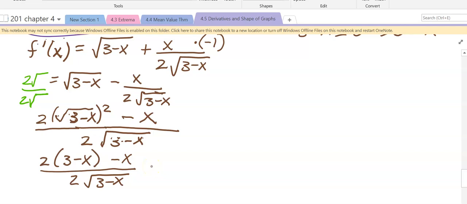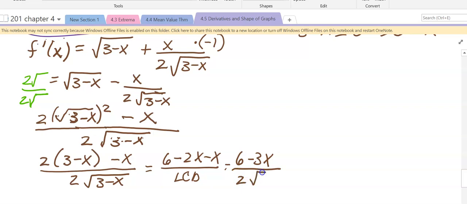Simplifying the numerator a little bit more, I can get 6 minus 2x minus x over the common denominator, which would finally lead me to 6 minus 3x divided by 2 the square root of 3 minus x. When possible, it's usually easier to simplify the first derivative and then look for critical points.